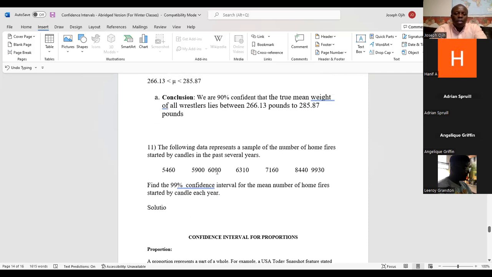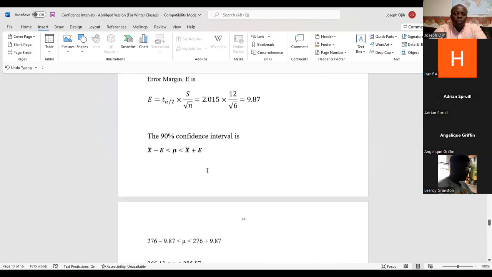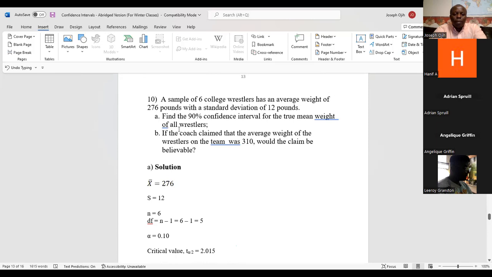Oh, you know what? We didn't finish the other part. We answered only part A, 90% confident, but part B says if the coach claimed that the average weight of the wrestlers on the team was 310 pounds, would that claim be believable?